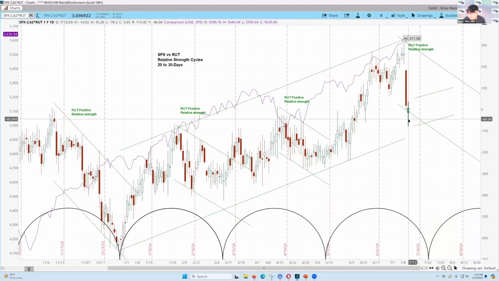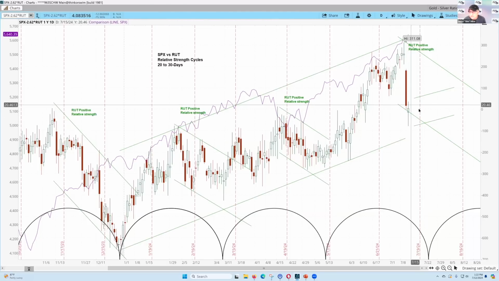What that says to me is that because this is only 2 days on the downside, you're likely to have another something like 18 to 28 days where the broad market, the S&P 500, the NASDAQ, is weaker than the Russell, the mid caps, the value stocks.